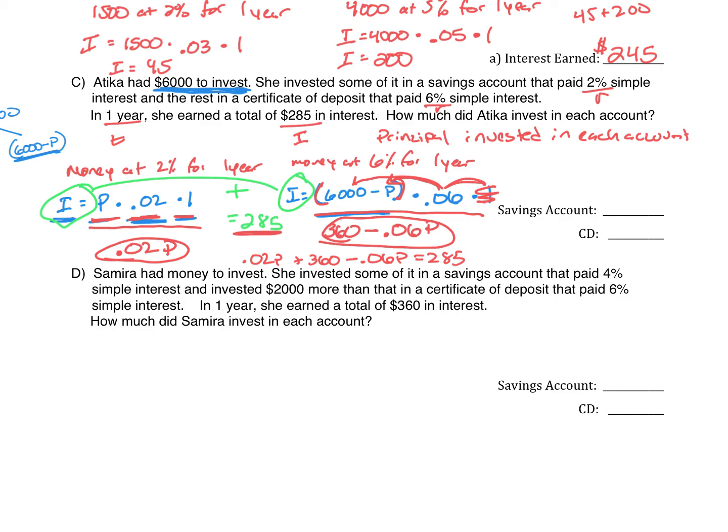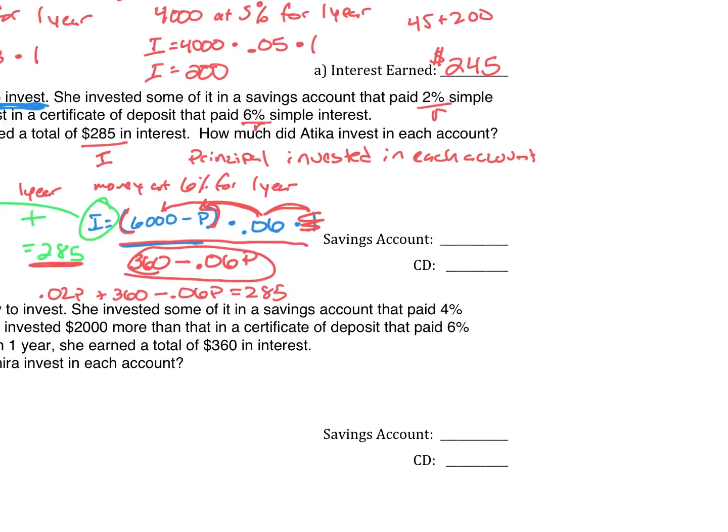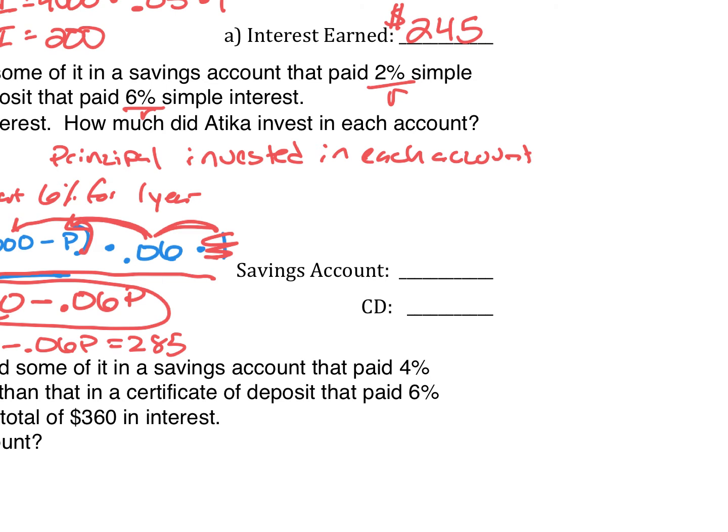So let's solve that equation. Again, I'm going to come over here and give myself some room. We have 0.02P plus 360 minus 0.06P equals 285. These are like terms. If I put these like terms together here, I get negative 0.04P plus 360 equal to 285.